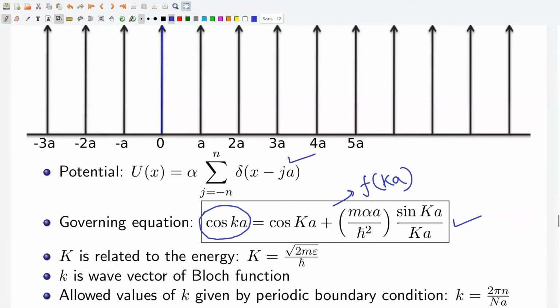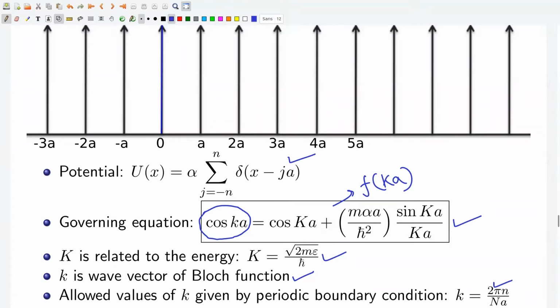Note that capital K is related to the energy and small k is the wave vector of the Bloch function. The allowed value of k is given by the periodic boundary condition. Using the governing equation, we are going to find the energy eigenvalues of Bloch electrons in a 1D lattice, where the potential is given by the Dirac comb.